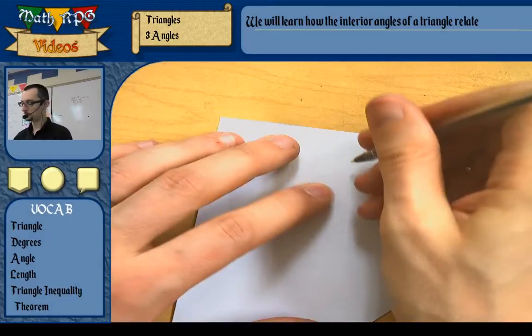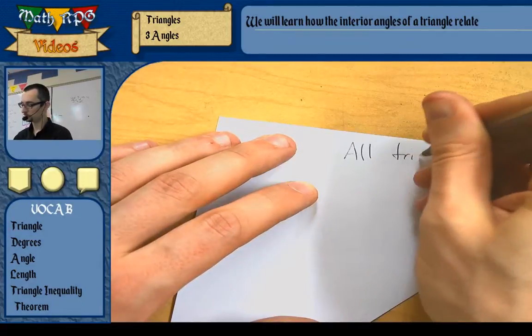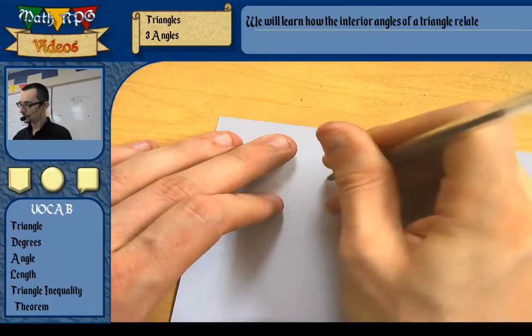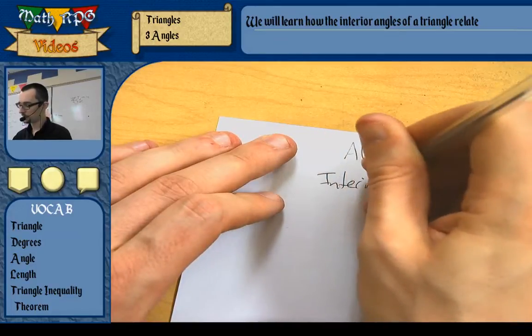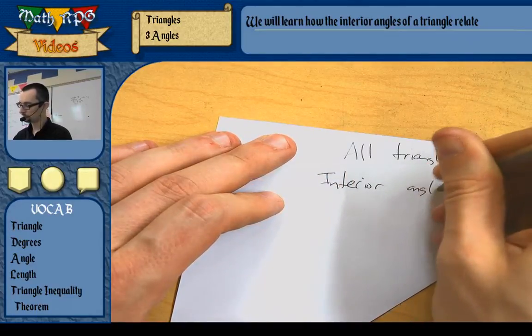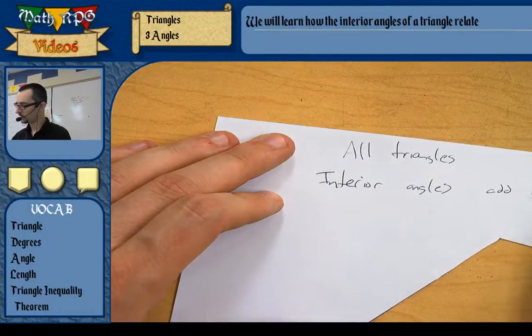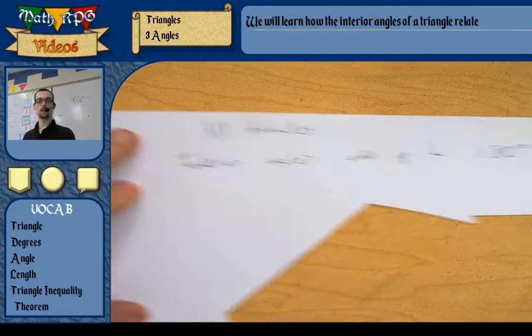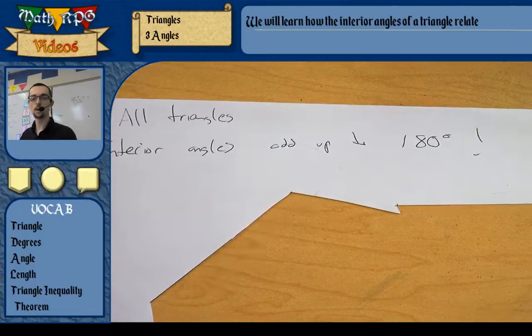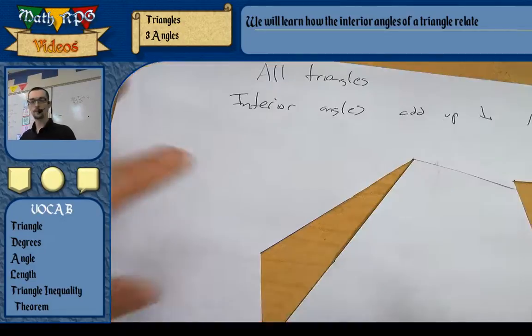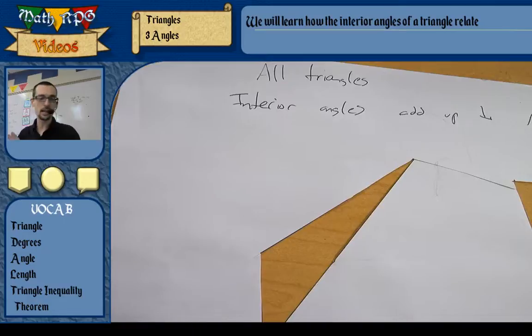All right? All triangles. Interior angles, that just means inside angles, add up to 180 degrees. Every single triangle. It can be obtuse, it can be acute, it can be right, it can be scalene, equilateral, isosceles, any kind of triangle. They're always going to add up to 180 degrees.